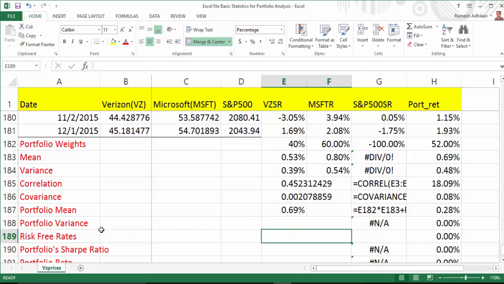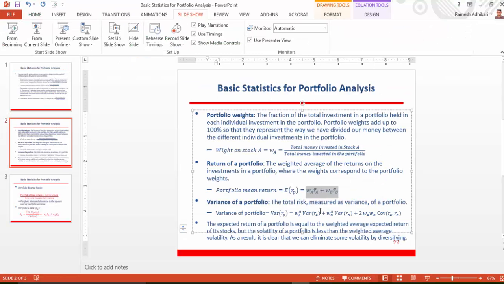Now let's calculate the portfolio variance. Look at how we calculate that. If you look at the formula here, it is the square of the weight on stock A times the variance of A, plus the square of the weight on stock B times the variance of stock B, plus 2 times the weight on stock A times the weight on stock B times the covariance between these two stocks.